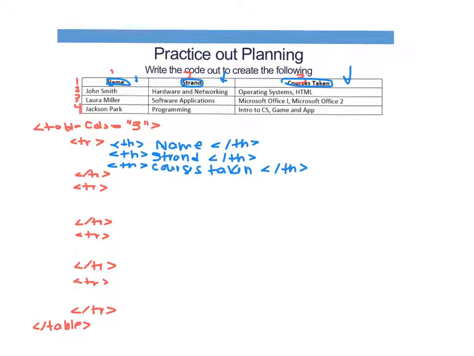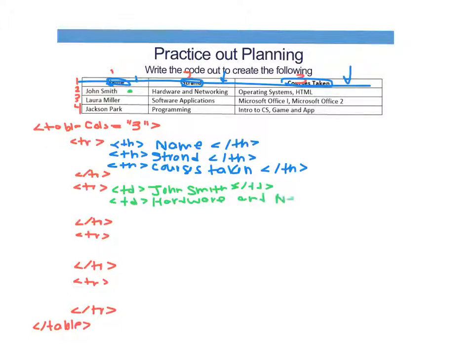And so I've coded this first row, and then I move on to the second row, which I notice has just data cells. So I'm going to start here with the John Smith row, and now this is just using a data cell. So I have John Smith. Then I have to close off this cell here. And then the next cell says hardware and networking.